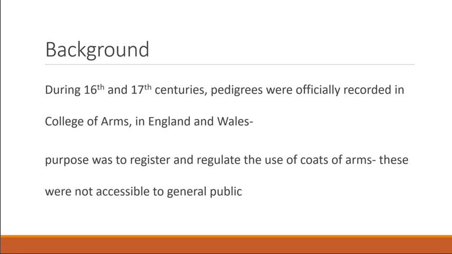Then there is also the use of pedigrees in the official records of the College of Arms, based in England and Wales. It dates back to the 16th and 17th centuries. The basic idea was that, because they were soldiers, there was access to particular accessories within the army if your ancestor had been a participant in that army.